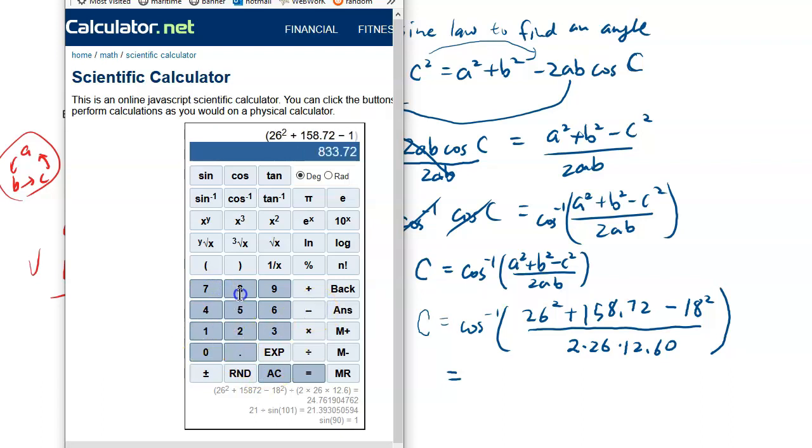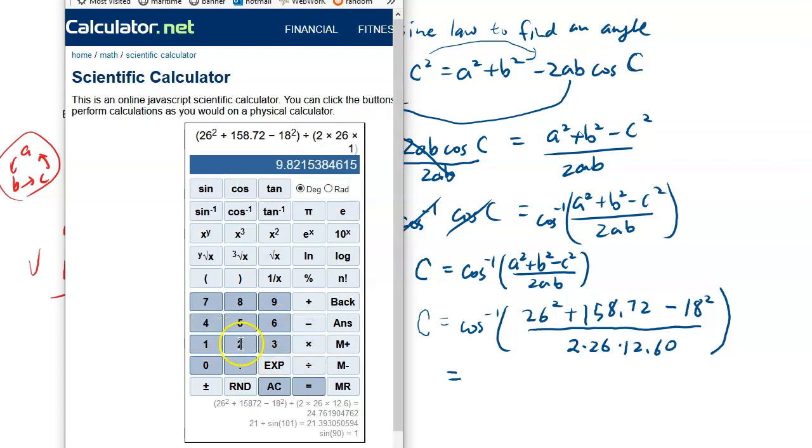Minus 18 squared. And then finally divided by 2 times 26 times 12.6. Okay, and the answer is 0.77948. Let me just copy it over here.